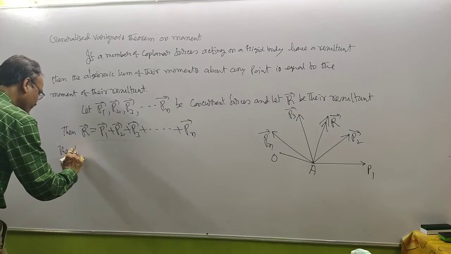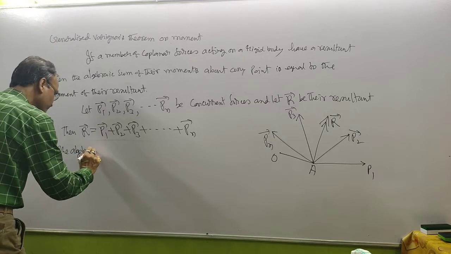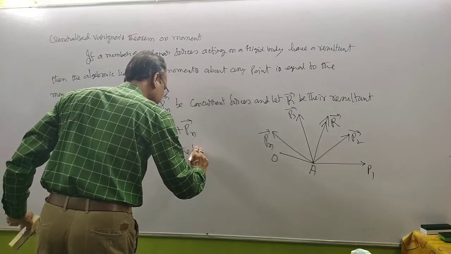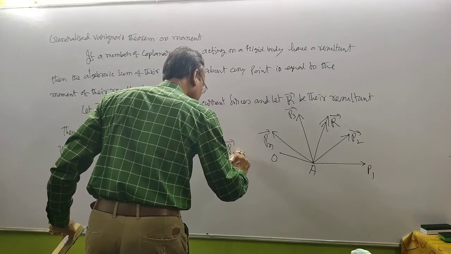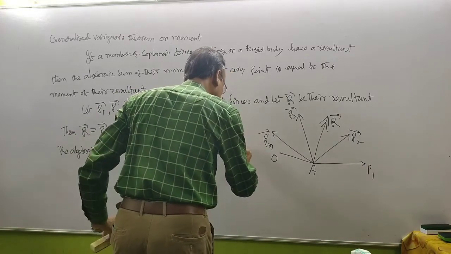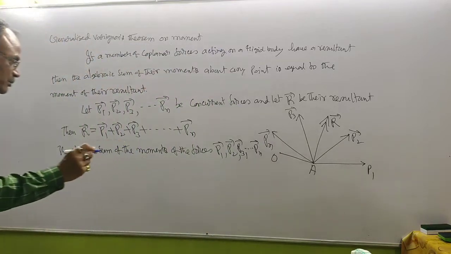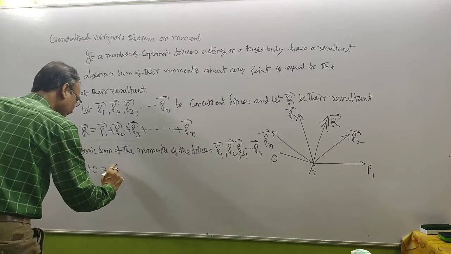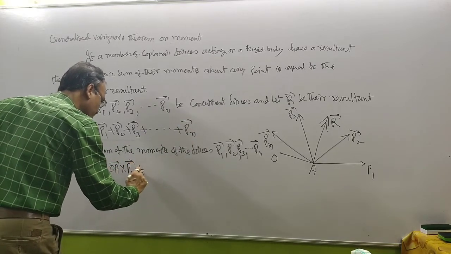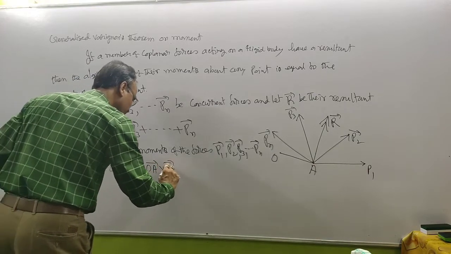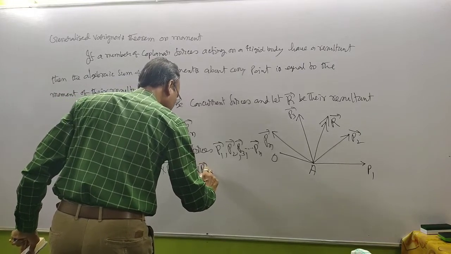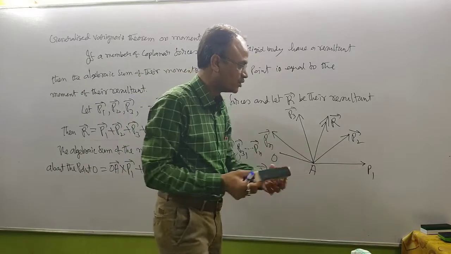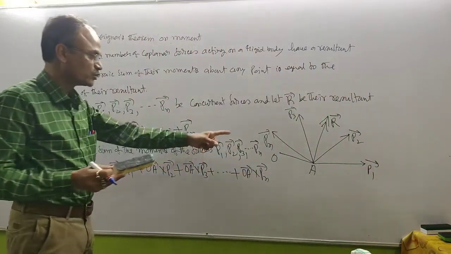Now the algebraic sum of the moments of the forces P1, P2, P3 up to Pn about the point O will be equal to OA cross P1 plus OA cross P2 plus OA cross P3 plus up to OA cross Pn, from the diagram.